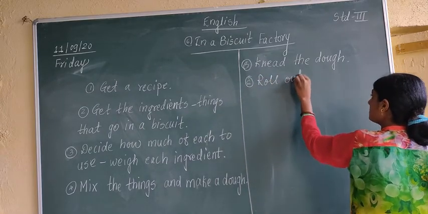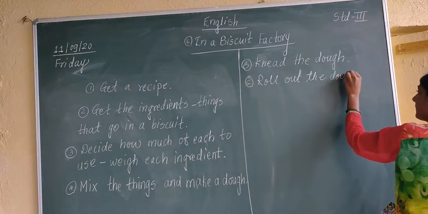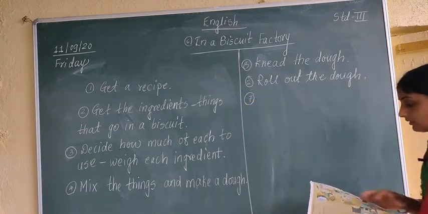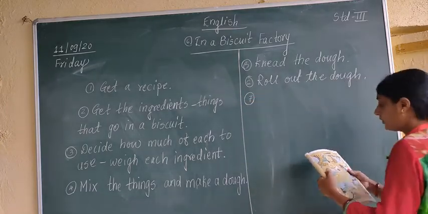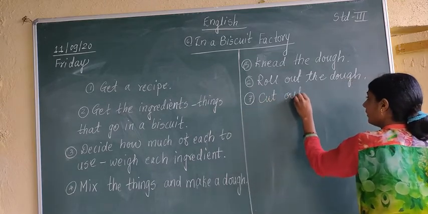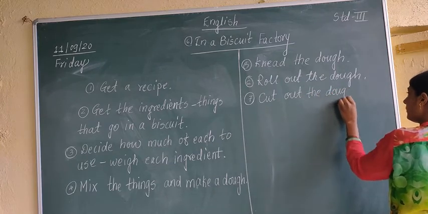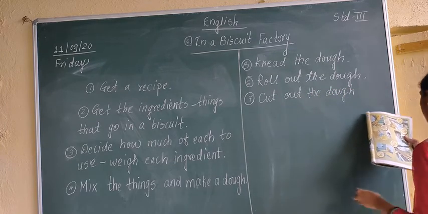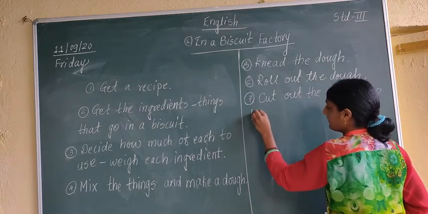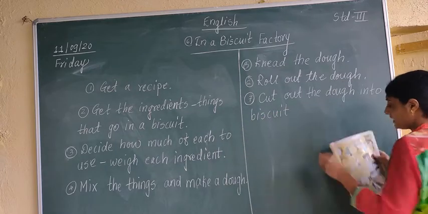Roll out the dough. After that is the seventh one: cut out the dough into biscuit shapes.